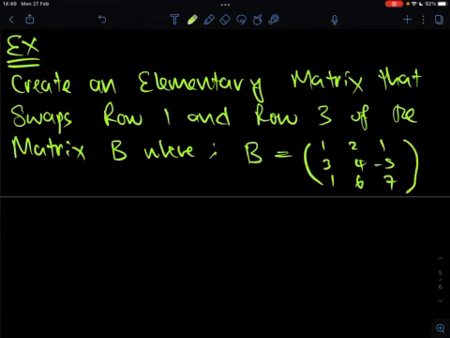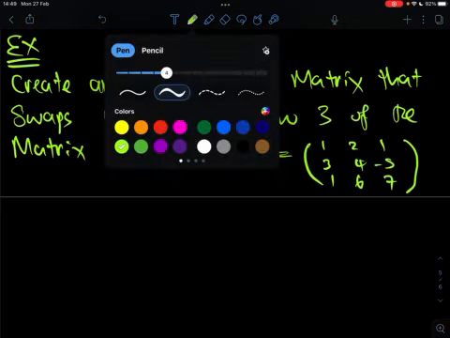You see. So now how can we create an elementary matrix that swaps row 1 and row 3? How can we answer this question?